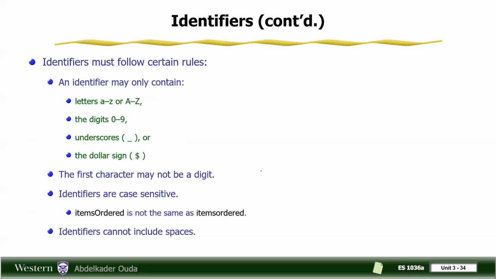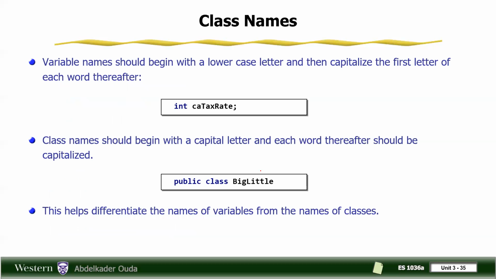Class names and variable names. A variable name should begin with a lowercase letter and then capitalize the first letter of each word thereafter, so canadaTaxRate, where we capitalize the T and R. A class name should begin with a capital letter, and each word thereafter should be capitalized, like BigLittle.